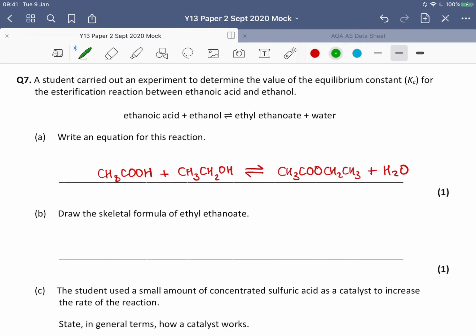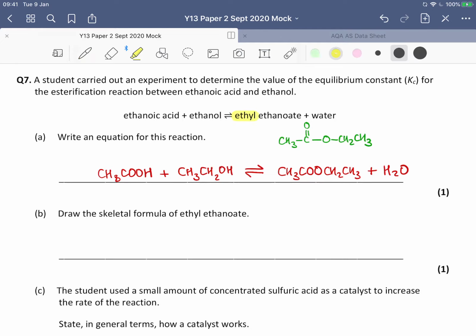So what I'll do is I'll just draw this ester structure so that you can see it.